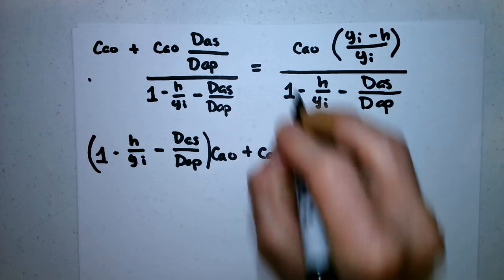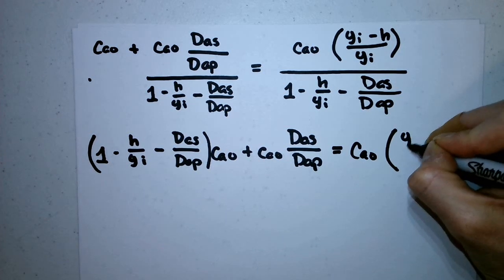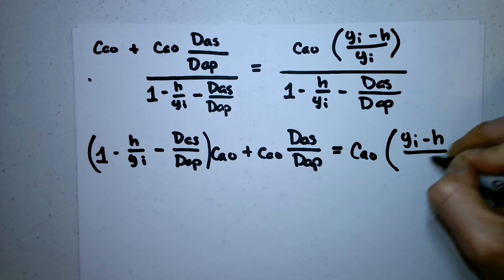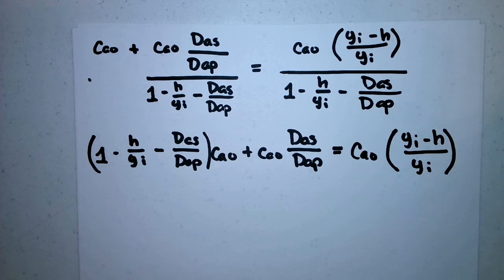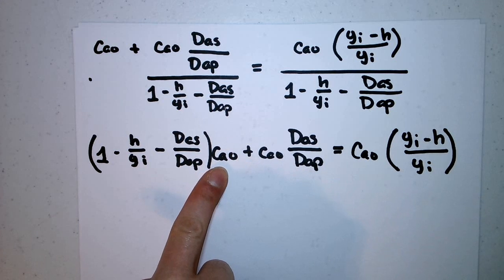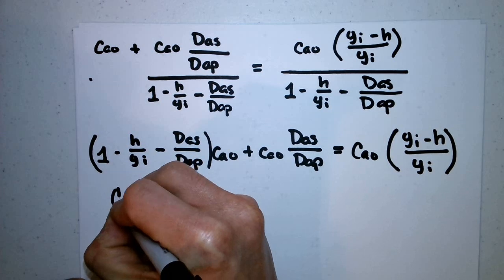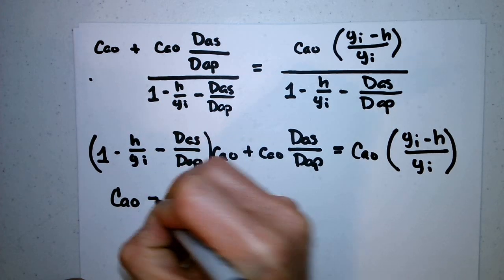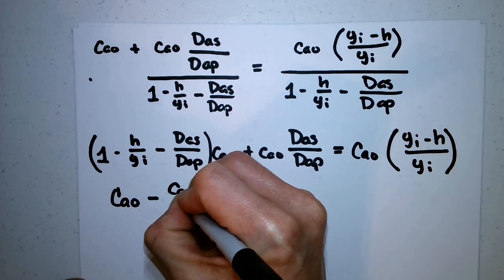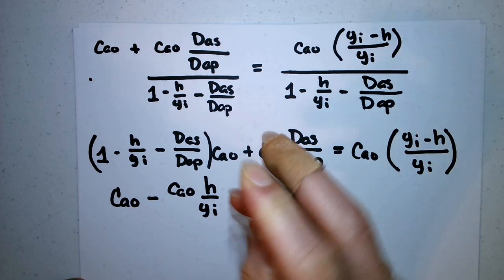So this is equal to Ca naught. And if we distribute this, we're going to have Ca naught minus Ca naught h over yi.